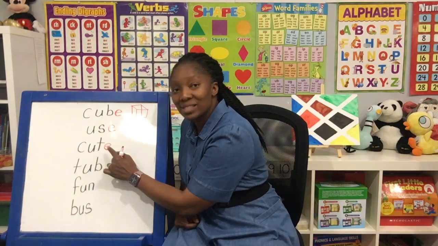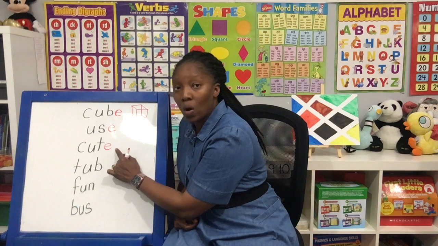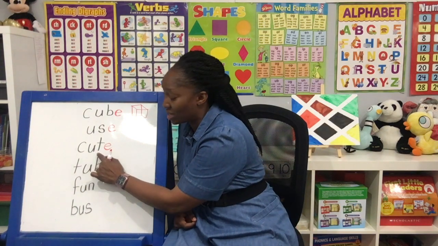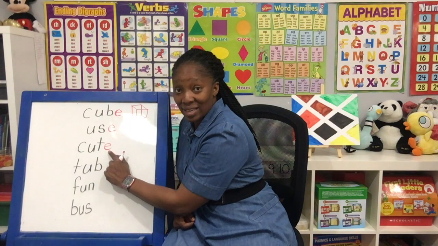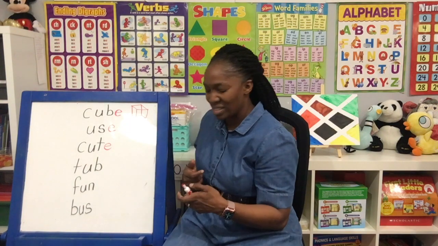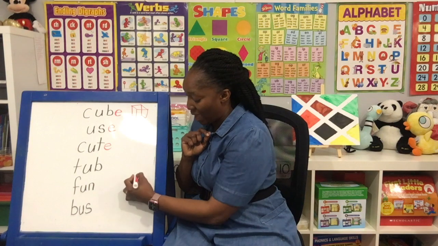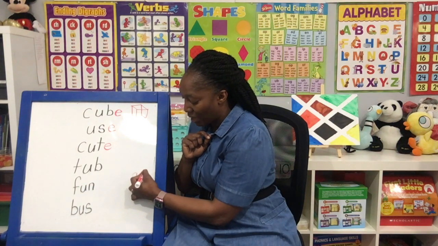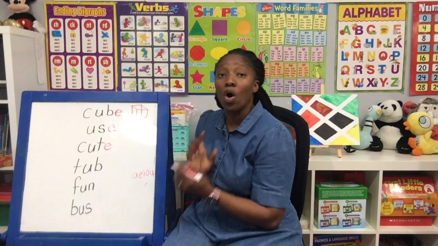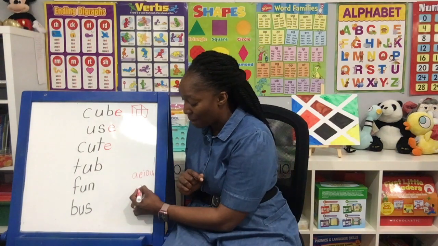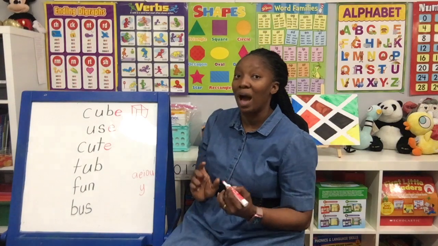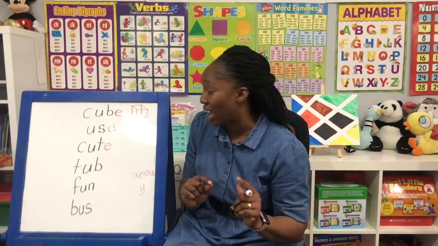Now I want you to remember one thing. When we have that silent E, it can only have one consonant between the vowel and the silent E. Now you're wondering, what is a consonant? A, E, I, O, U are all vowels. And sometimes Y acts like a vowel, especially a long vowel sound.